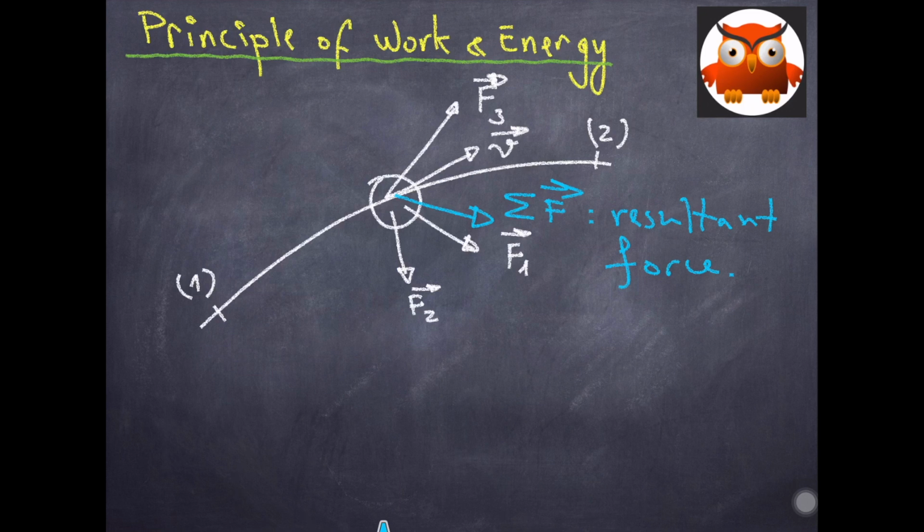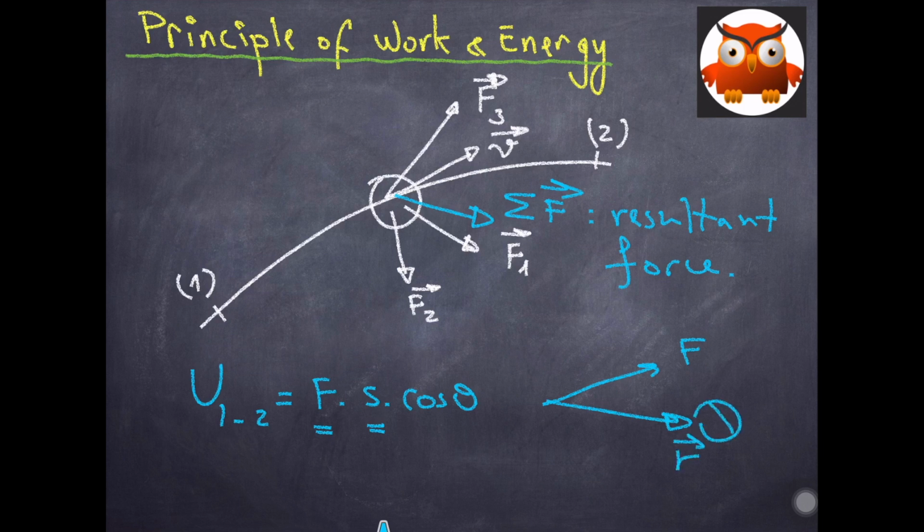If you recall, the work done by any force to bring a particle from one position to the other will be equal to the force times the distance traveled times cosine the angle between the direction of motion and the force. So this is the force applied. Let's say this is the direction of motion, okay?